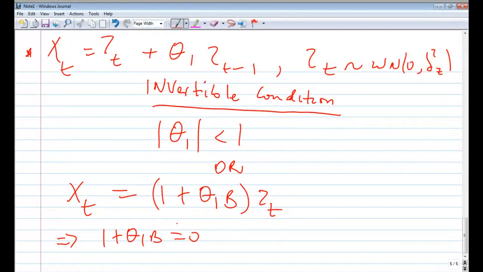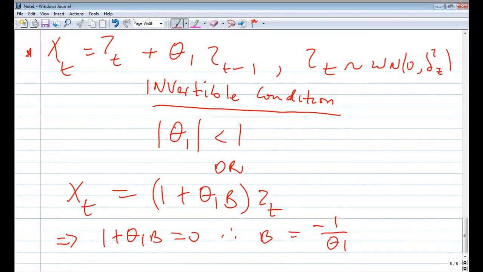Then we solve for b. So therefore our b will be equal to what? Minus 1 over theta 1, isn't it? It's correct, isn't it? So b is equal to minus 1 over theta 1.